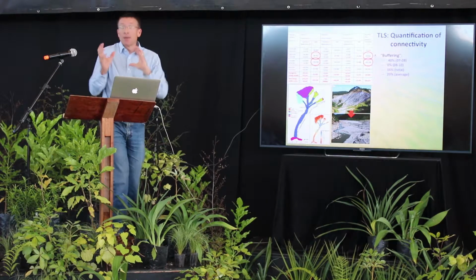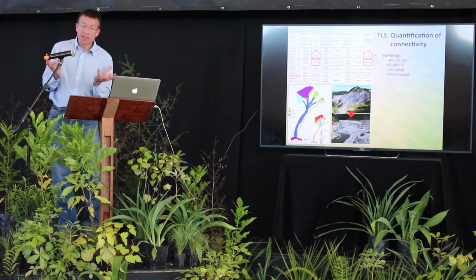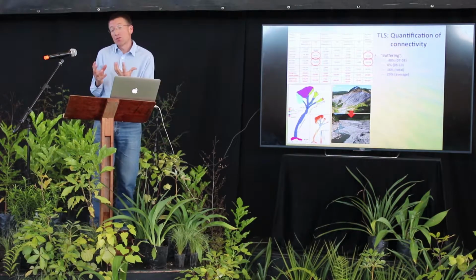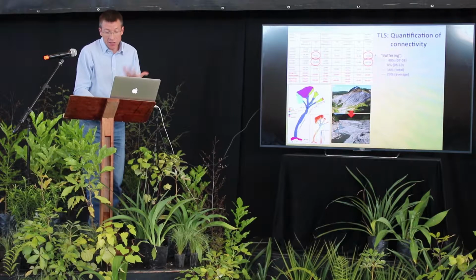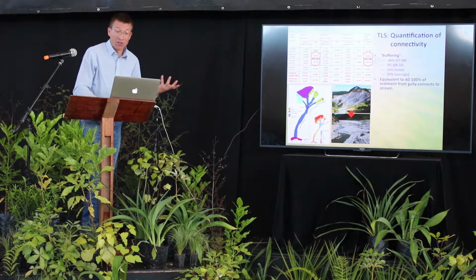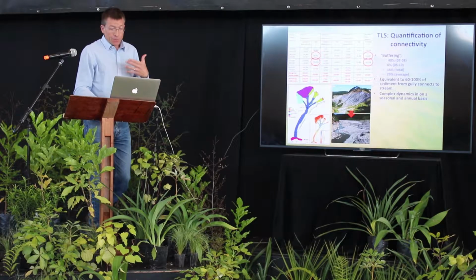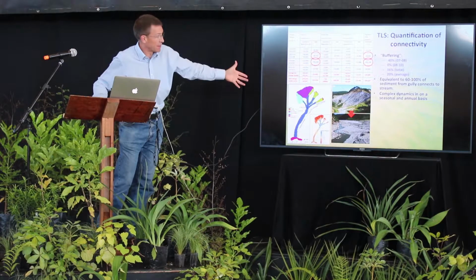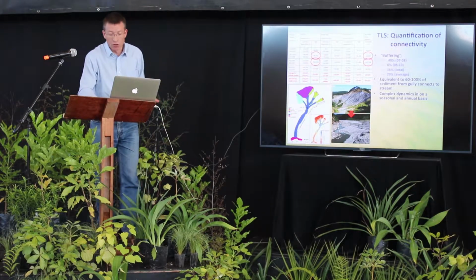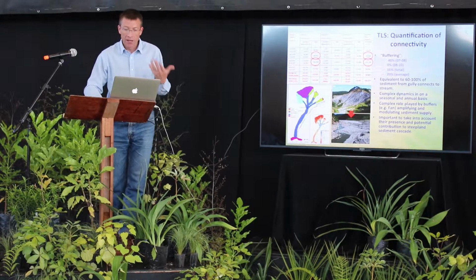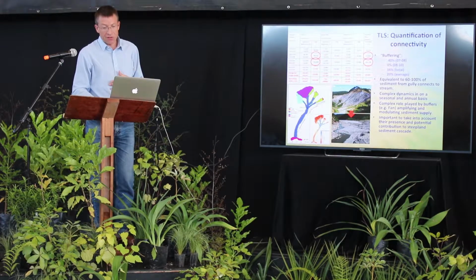So again, what this shows us is the variability in these sort of processes and how our catchments change and might be subject to different influences and different processes at different times. So between about 60 to 100% of sediment generated from the gully system actually connects to the stream, and that is quite a complex series of processes and patterns.